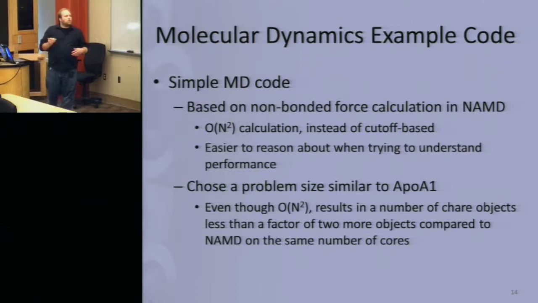For NAMD running on 64 cores, you get about 6,000 objects, I think it is, and ours produces 10,000 objects. So you're not getting a whole lot more parallelism, even though we're using this n-squared algorithm. The parallelism is directly related to the number of objects you have, because that's how many tasks you'll have.